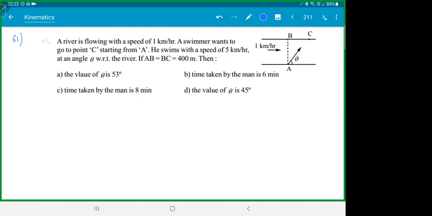So be careful here. You want to go along the line AC. He's not asking that. He's asking how should you swim so that you'll go along AC. And D is not the answer. Check your answer again.